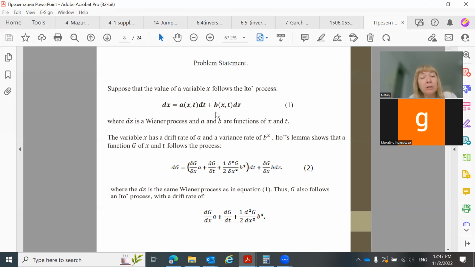For example, function b from X_t in equation 2, what is this function? You see, Misha? Yes. It is the derivative of g with respect to x, multiplied by the constant b.